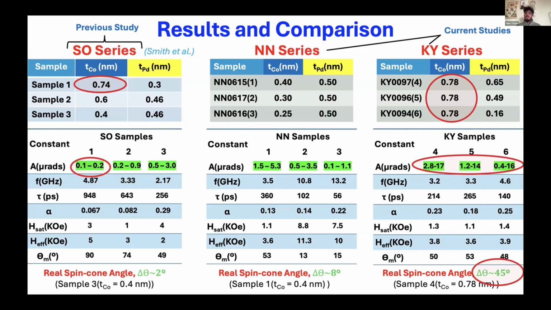And another explanation can be understood using the magnetization hysteresis curve by studying their magnetic anisotropy.